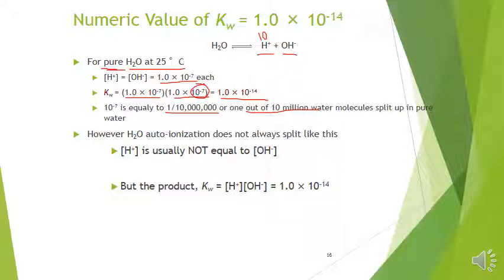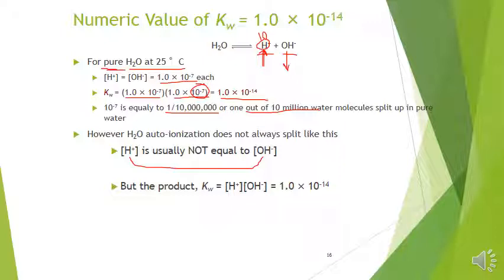But we don't always have pure water, okay? And you don't always have an equal amount of acid and base. What you can do is increase this amount, all right? And if you increase the amount of acid, what happens? The amount of OH goes down. We'll show that in a minute. Maybe you could add hydrochloric acid, and so you get more H plus, or you could add more base and make more OH minus.